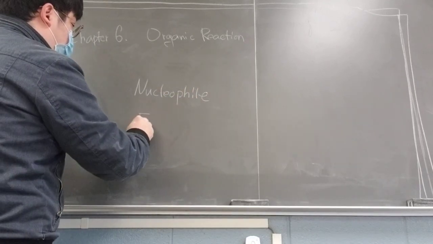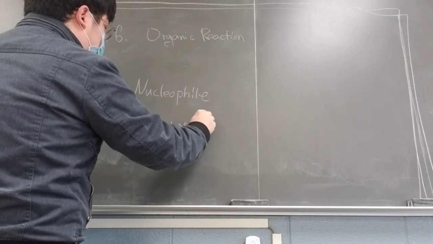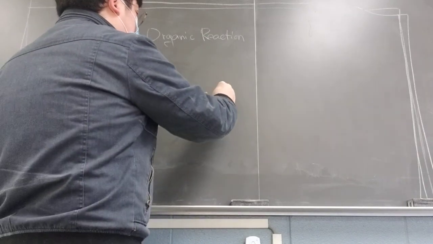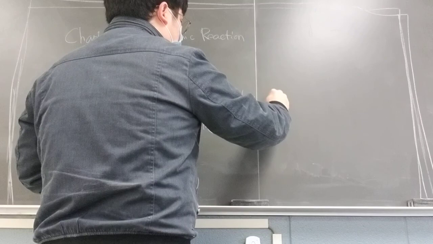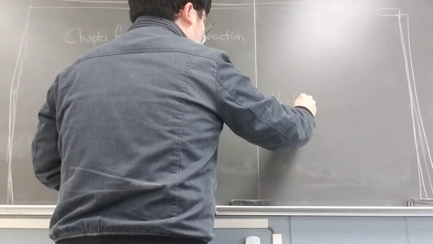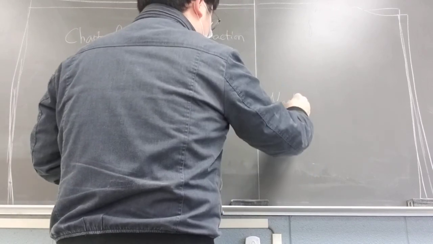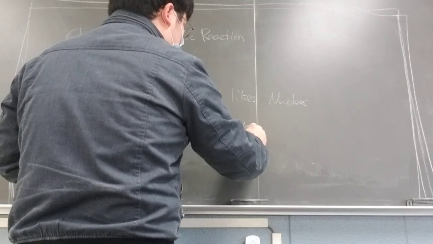And there's another one we call electrophile. So the nucleophile simply likes nucleus, and the electrophile likes electrons.